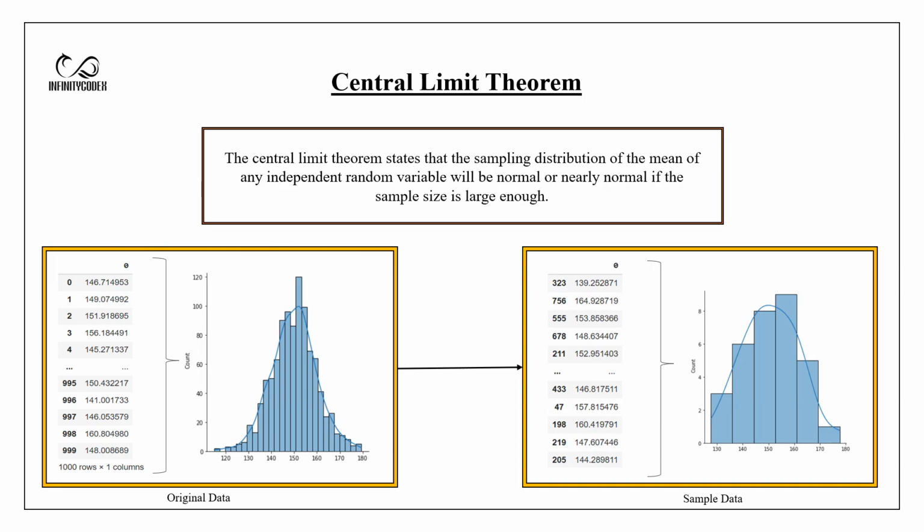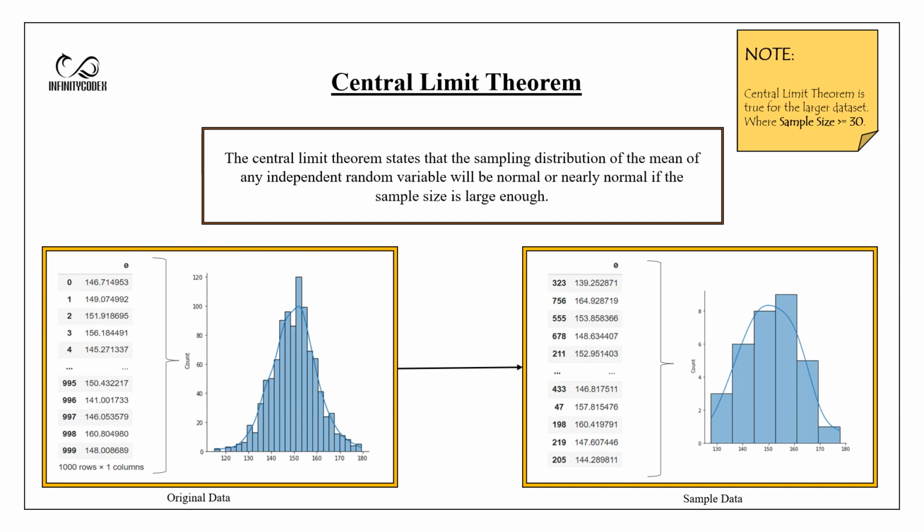Now, what will be the ideal size of the samples that could be considered large? Note the central limit theorem is true if the sample size of the dataset is greater than 30. I know this definition is quite confusing, but what does it mean?